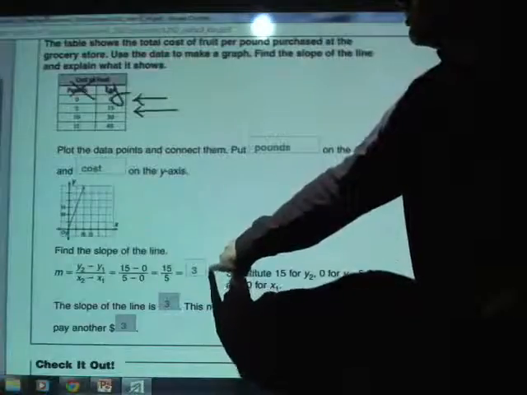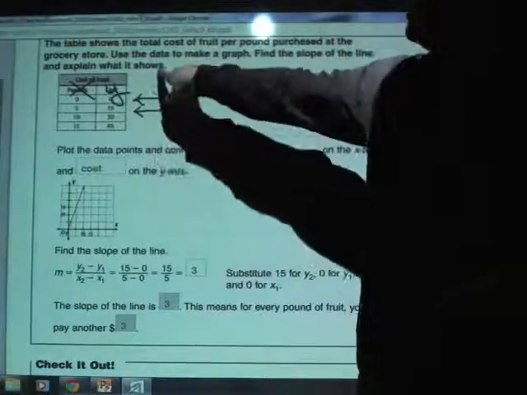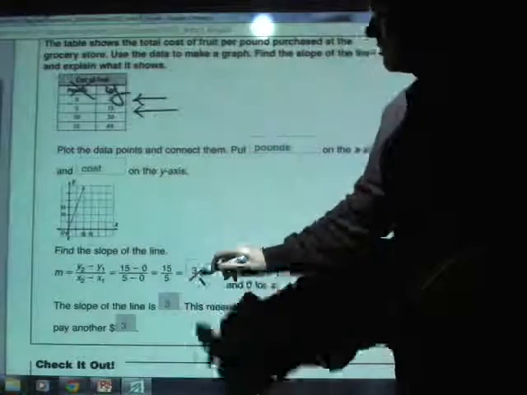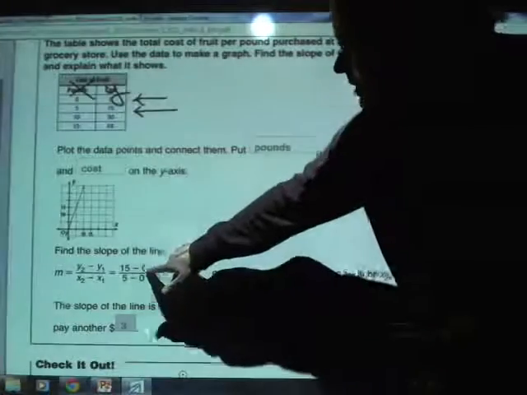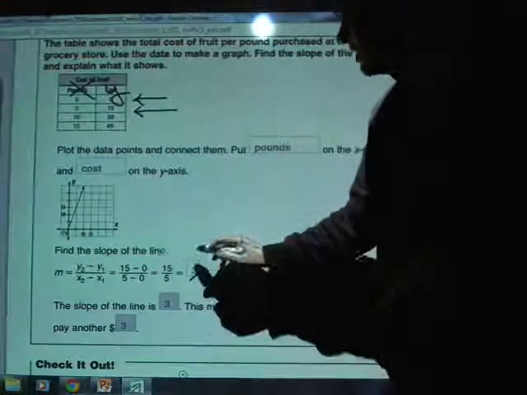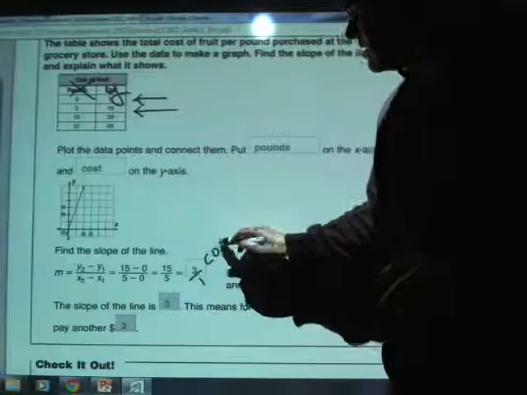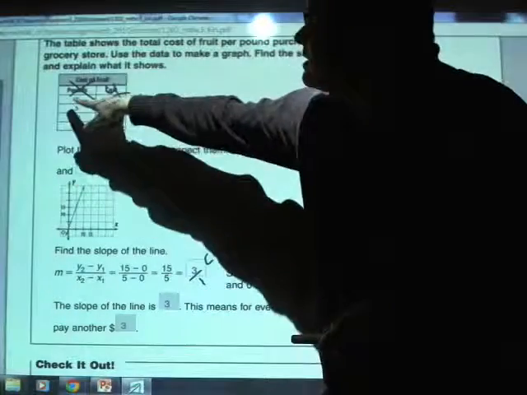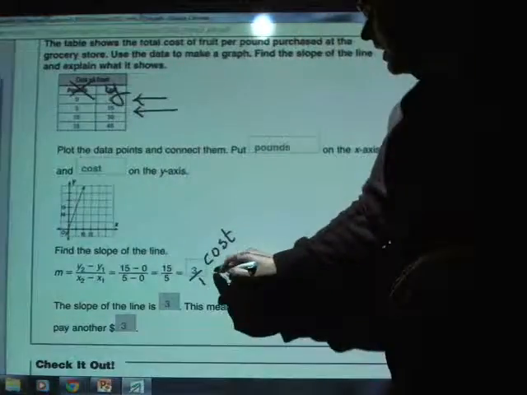And not only were we supposed to find the slope, we were supposed to explain what the slope means. Well, remember, 3 actually means 3 over 1. Remember what this top number means. The y values were the cost, so we could come back here and label this cost. Right? And this bottom number, 5 and 0, the x's, those represented pounds.